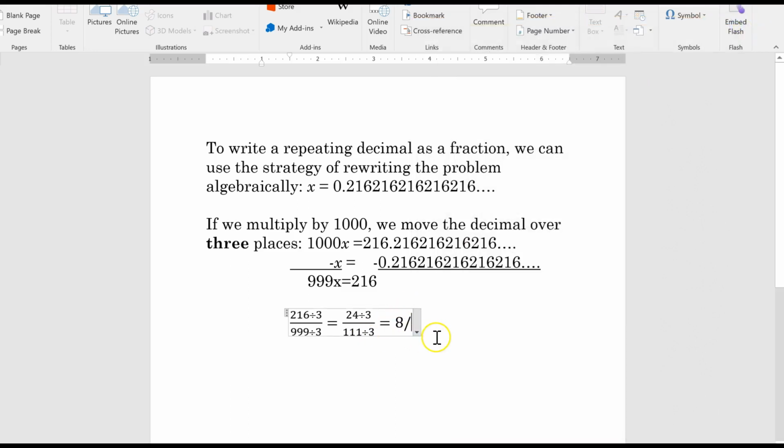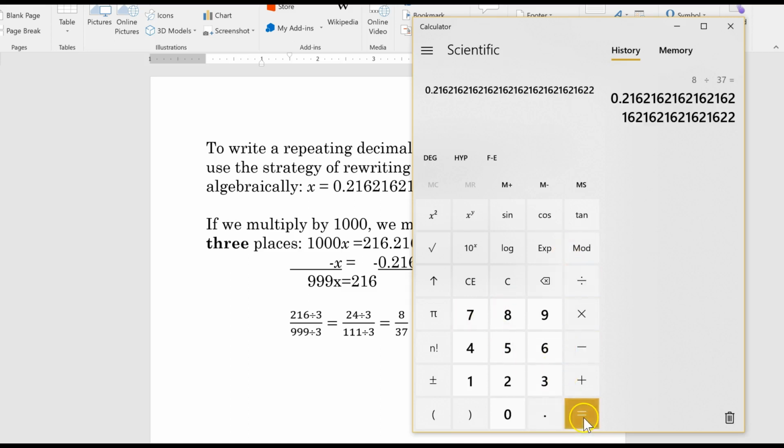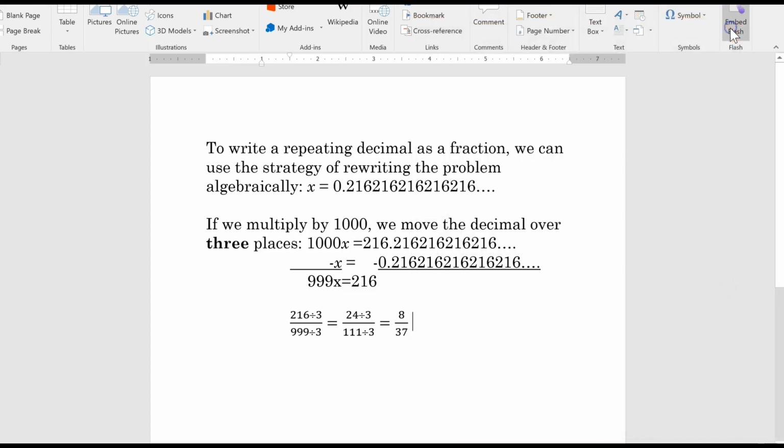So that's nice. It means that we can stop there. And so my final answer for this is 8 over 37. And it's worth checking that that works. 8 divided by 37, and I get 0.216. There we go. So that's how you turn a repeating decimal into a fraction.